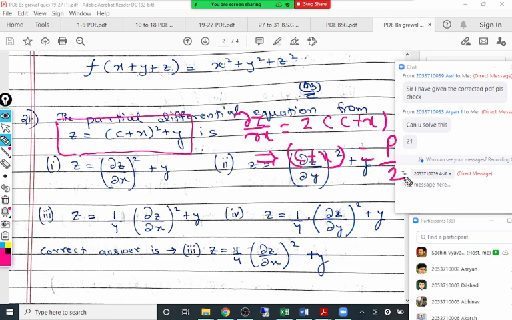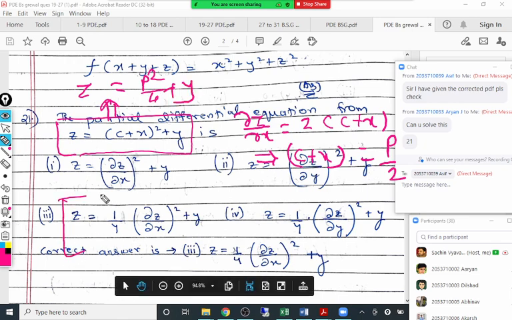Now if you replace this value of c plus x in the given equation, we get the answer. Z equal to p square by 4 plus y, and that is the answer.